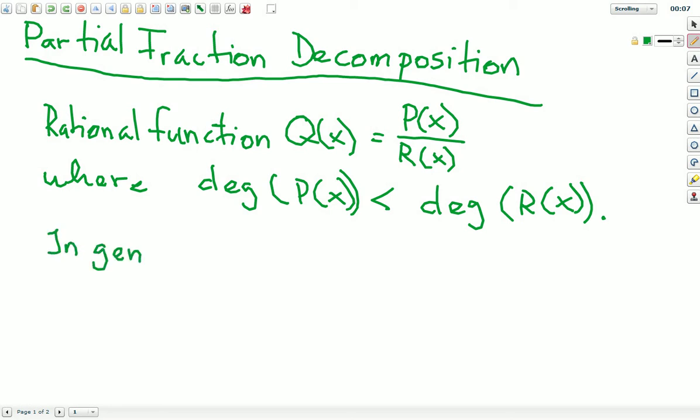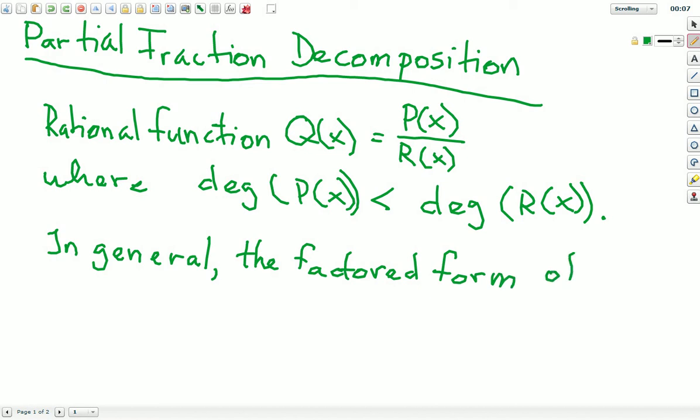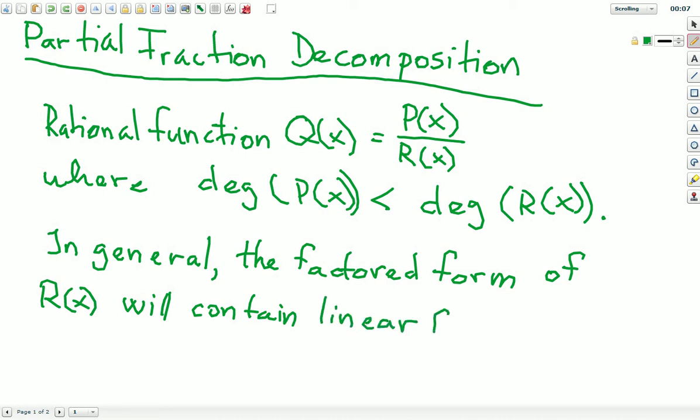So in general, the factored form of r of x will contain linear factors.